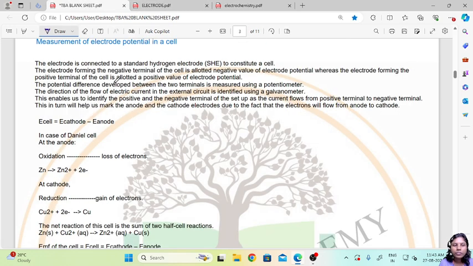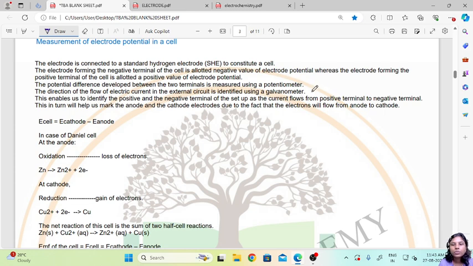The potential difference developed between the two terminals is measured using the potentiometer. The direction of the flow of electric current in the external circuit is identified using a galvanometer. Now this enables us to identify the positive and the negative terminal of the setup. How? By defining where the current is flowing.